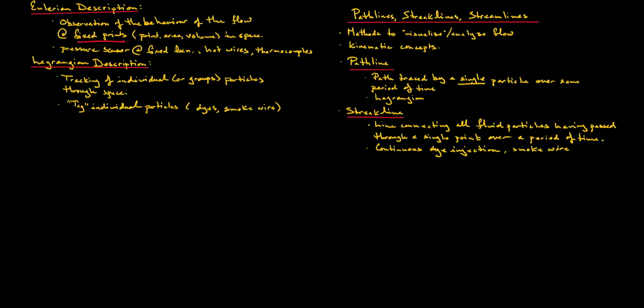So, what is a pathline? A pathline is the path traced by a single particle over some period of time. Okay, so this is very much our Lagrangian concept. Okay, so you could imagine we are just at a certain point in time, we're going to inject a dye, and then we're going to see that particle evolve through time.